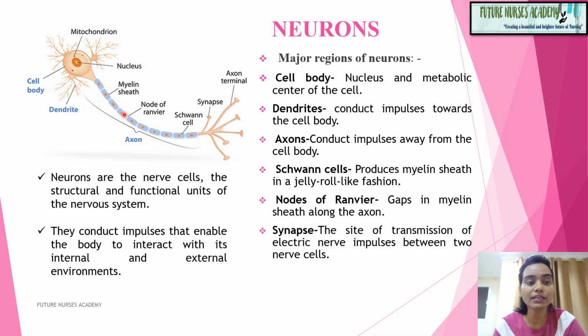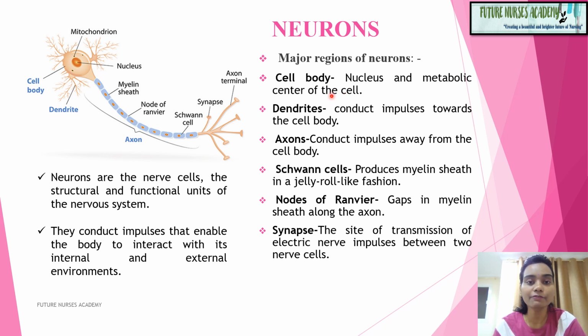Far from the cell body is the axon, and on the axon the outer covering of the neuron is the myelin sheath. In between the myelin sheath are Schwann cells, and the space between two axons is called the node of Ranvier. At last is the axon's terminal point, where the synapses are located.